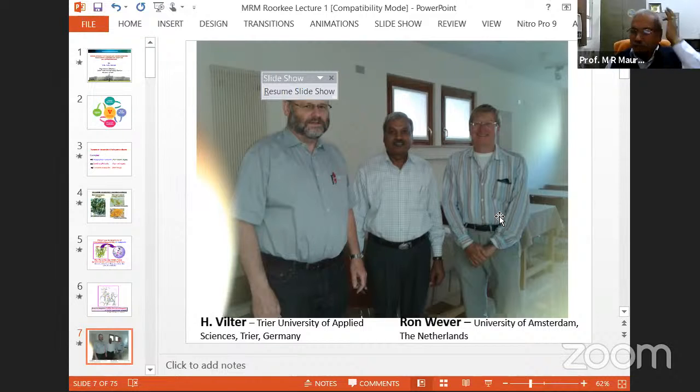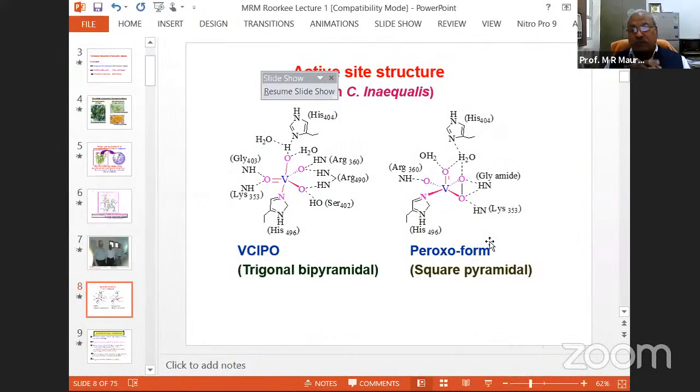He was not getting an EPR signal, but when he reduced this vanadium 5 center to vanadium 4, he could get a very nice EPR spectrum. Then immediately they came to the conclusion that yes, that is actually a vanadium 5 center, and these are the species responsible for that.